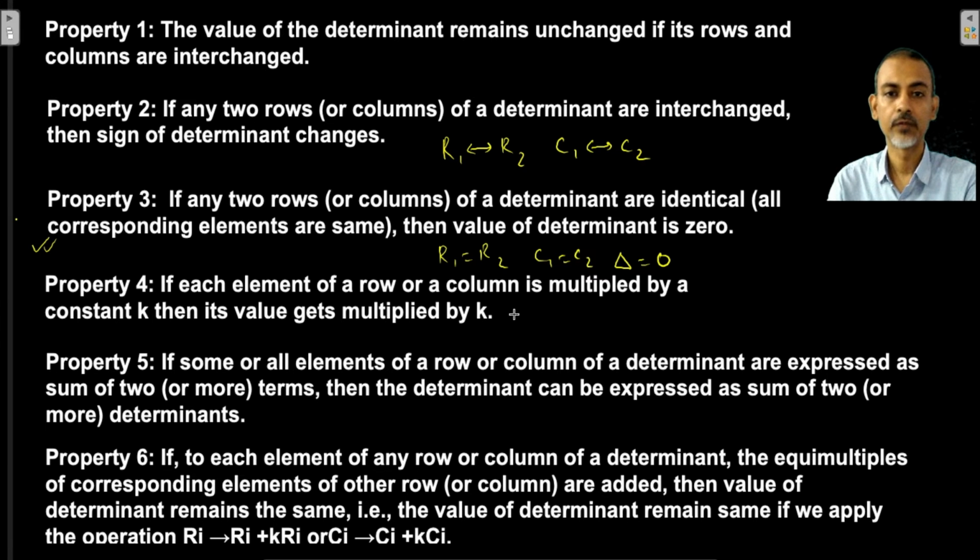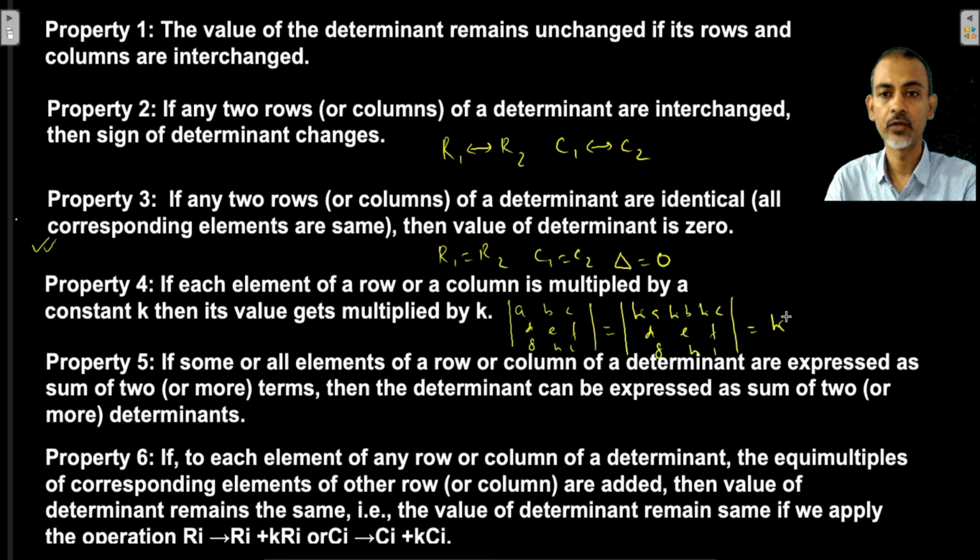For example, if you have a determinant with rows a, b, c, d, e, f and g, h, i, and you multiply the first row by a constant k, so it becomes ka, kb and kc, and the rest remain the same, d, e, f and g, h, i, then the determinant will be equivalent to k times delta of a, b, c, d, e, f and g, h, i. So this is the fourth property.